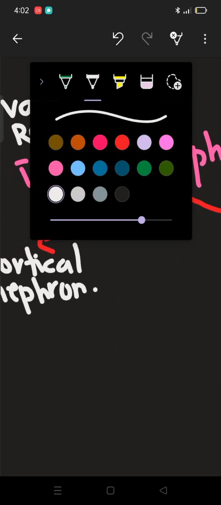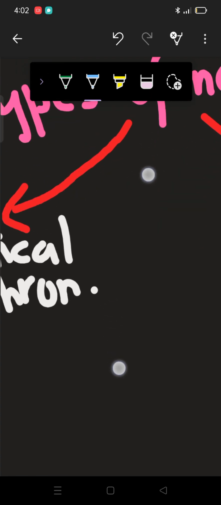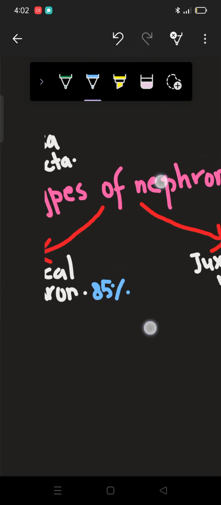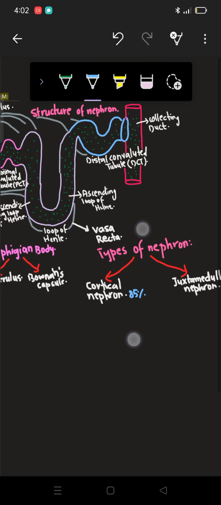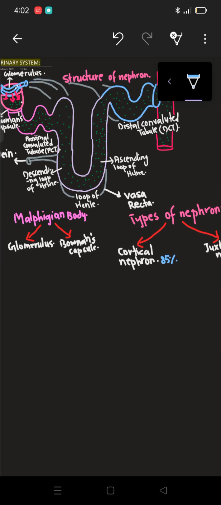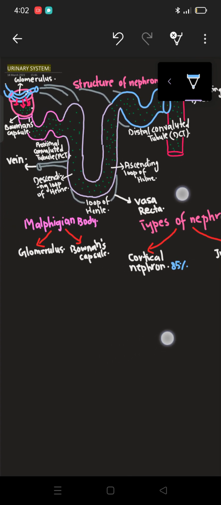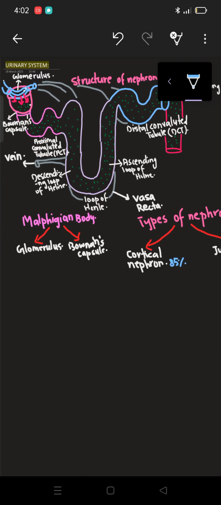Now we should talk about their weight, like how much they are present. Alright, so let me write down. So cortical nephrons are 85%, which are not really helping in anything. We have so many cortical nephrons, but only 15% juxtamedullary nephrons. And it is also said that the ones who are changing society are in less number, and the ones who are doing nothing are in more number.